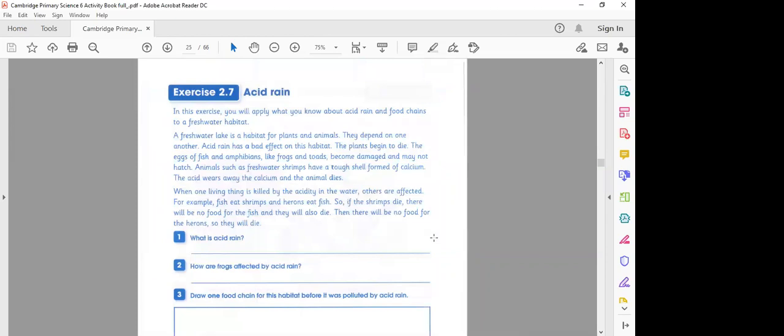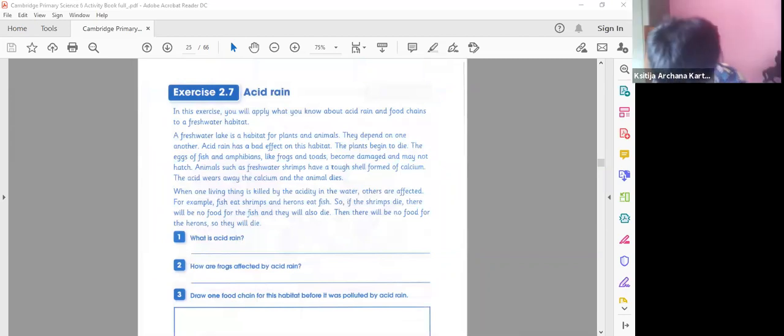Kshitija, question number 2.7. When plants die, eggs of frogs become damaged by acid rain, and this is how frogs are affected by acid rain.